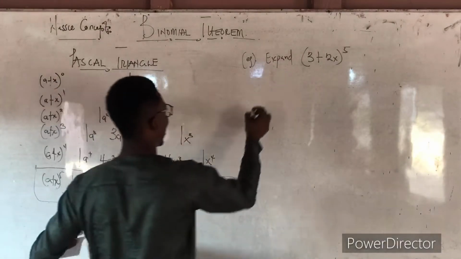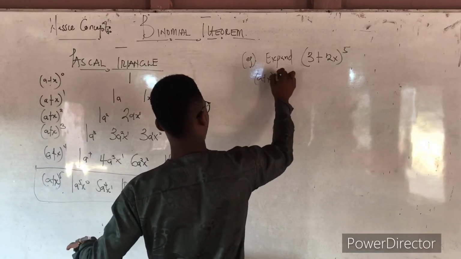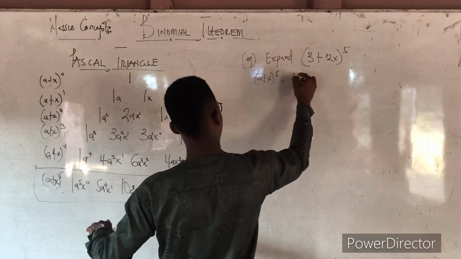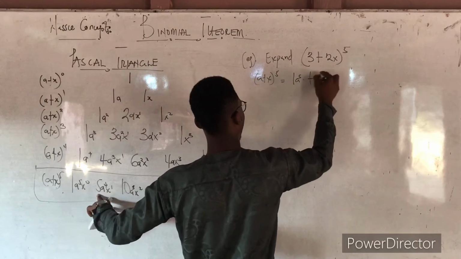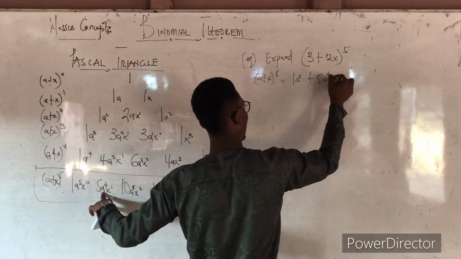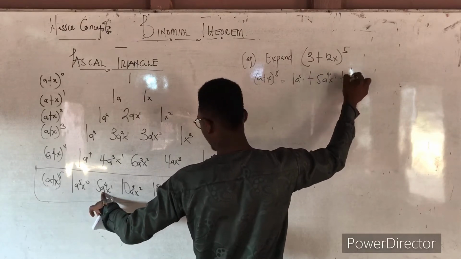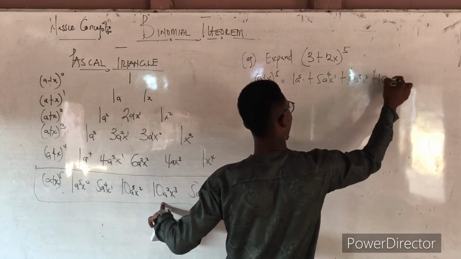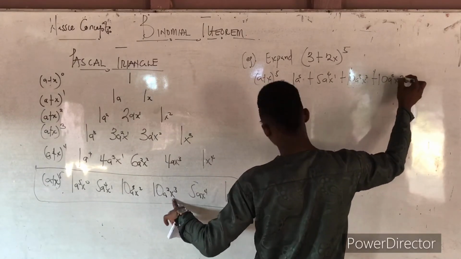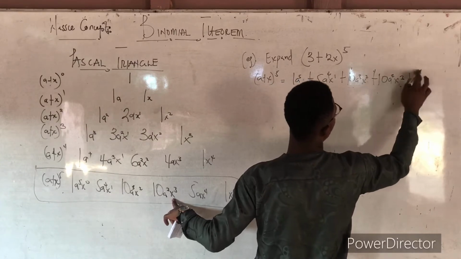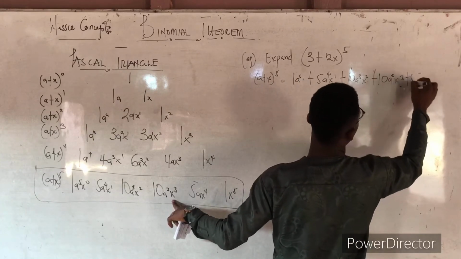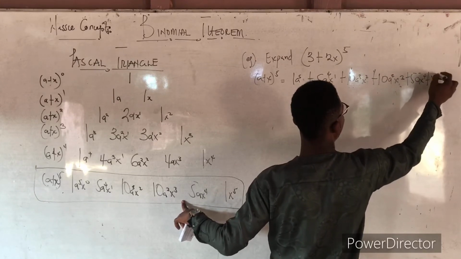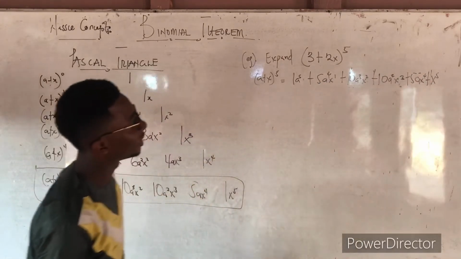So if that is the case, (a + x) exponent 5 was given as 1a exponent 5 plus 5a exponent 4 x1 plus 10a cubed x squared plus 10a squared x cubed plus 5a x exponent 4 and plus 1x exponent 5.